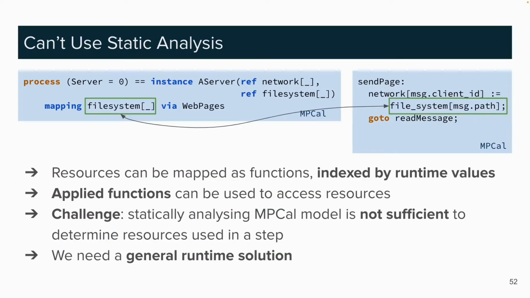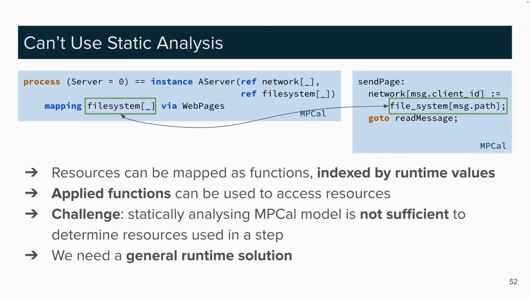Now, to explain a little bit about why we seem to be so intent on not understanding what the resource does, a problem that you need to understand about why we can't use more static things, at least in the general case, is half the time we don't even know which resource we're talking about. So resources can be accessed based on runtime values within the same label.